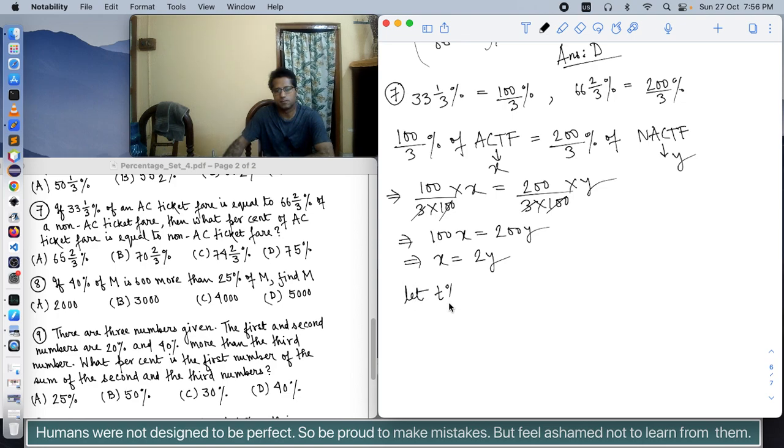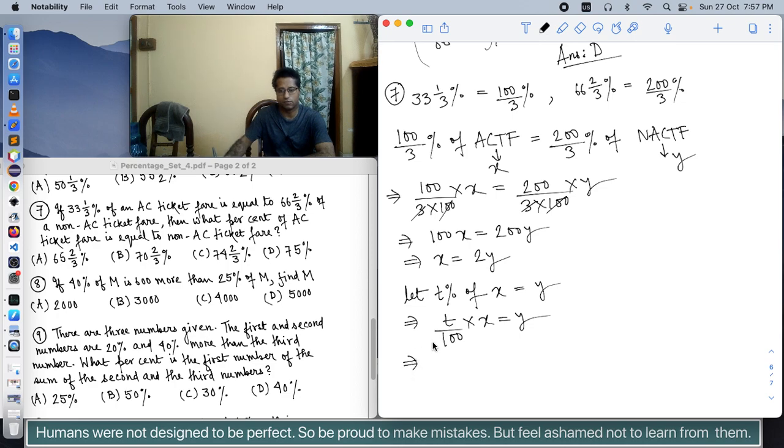So we are assuming let T percent of AC ticket fare, which is x, is equal to the non-AC ticket fare, which is y. If we assume this, it will imply that T percent of x means T by 100 multiplied by x is equal to y.